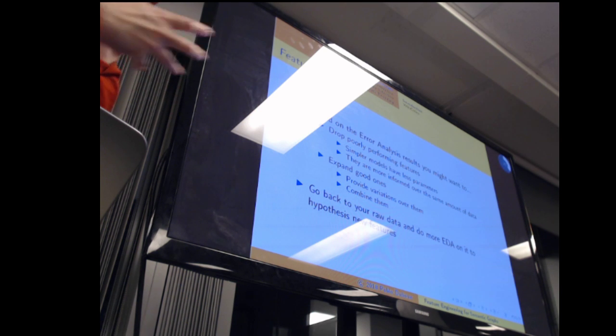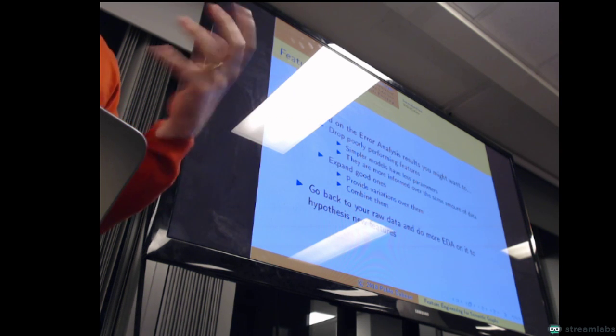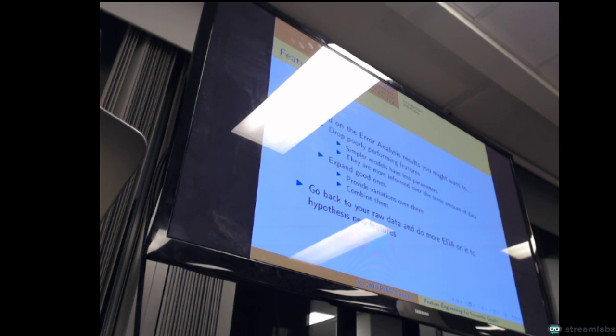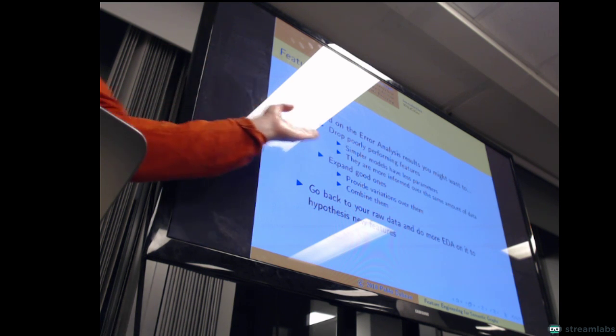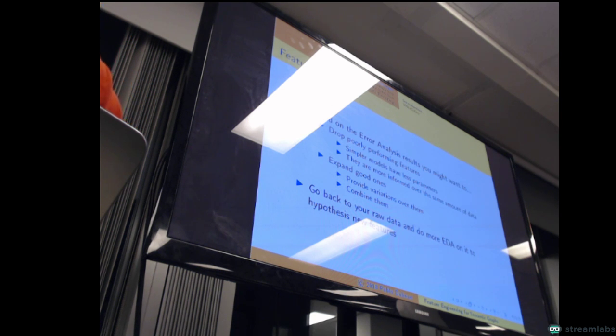So basically, after all this error analysis, what you're trying to do is a feature drill down. You want to group poorly performing features, because simpler models have fewer parameters, so the same data can be used to obtain more informed parameters. And you also want to expand good ones. For that, you take a feature that works and you make changes to it, or you try to combine them.